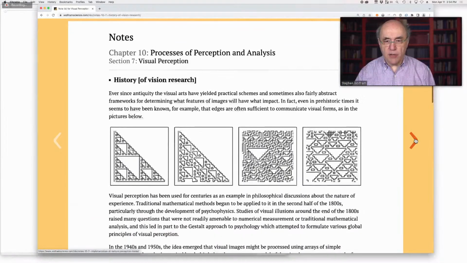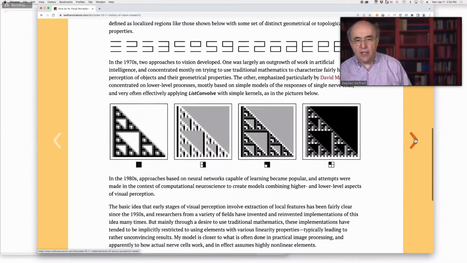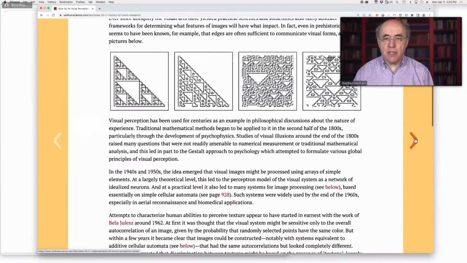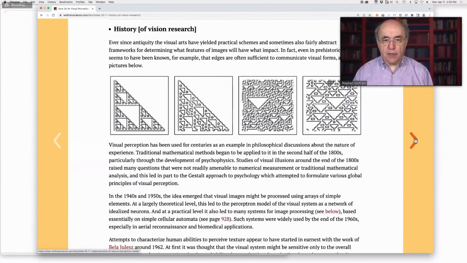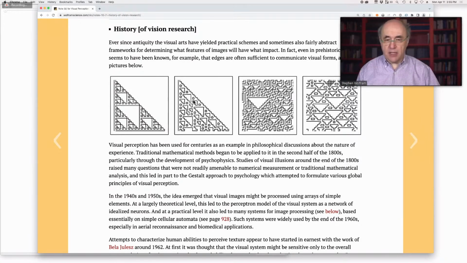Okay, I talk about the history of vision research and various kinds of models that people have had for what we notice, and various kinds of primitives for texture that people discuss. This is commenting that even in prehistoric times, people, when they drew those first cave paintings, were drawing outlines more strongly than they were drawing the interior.